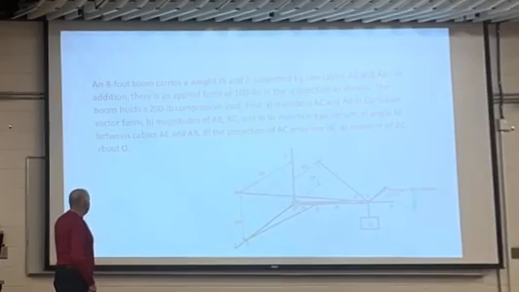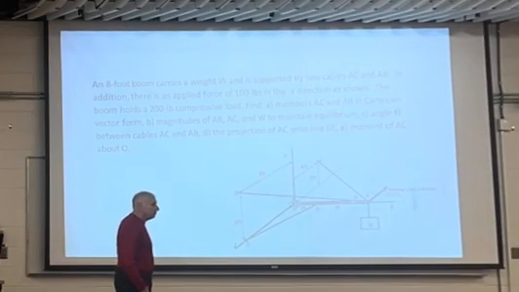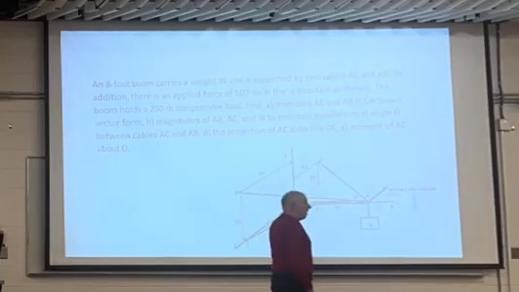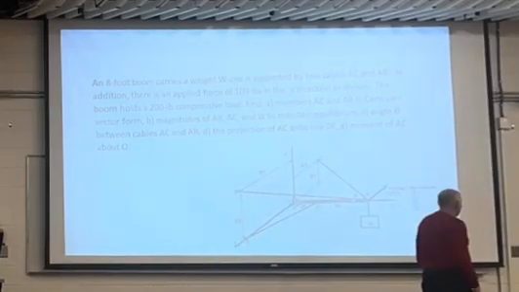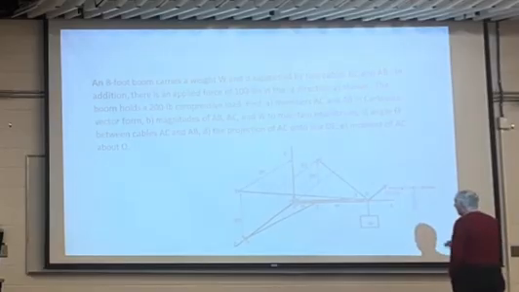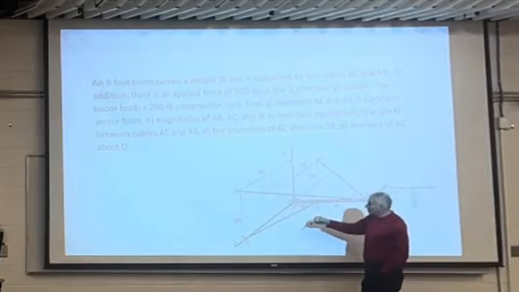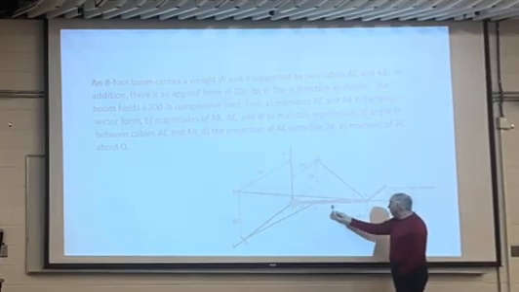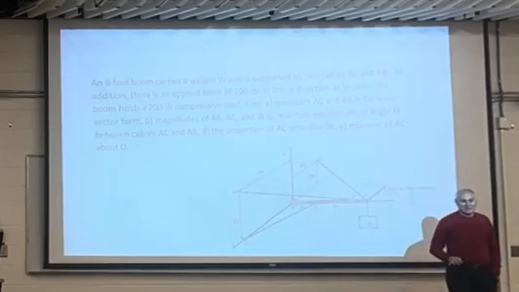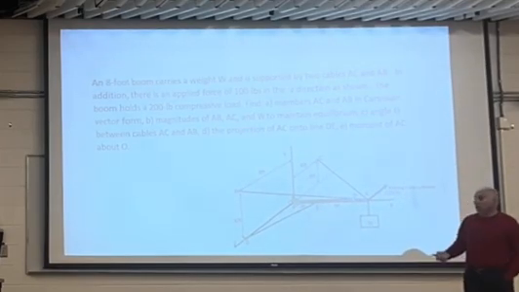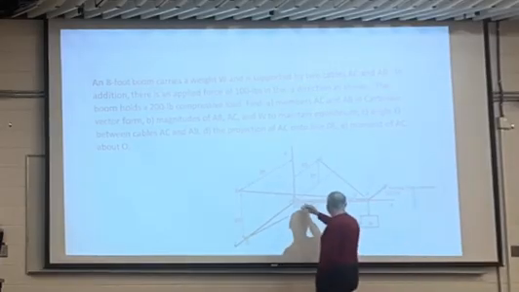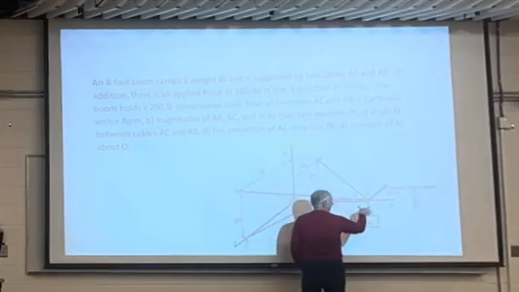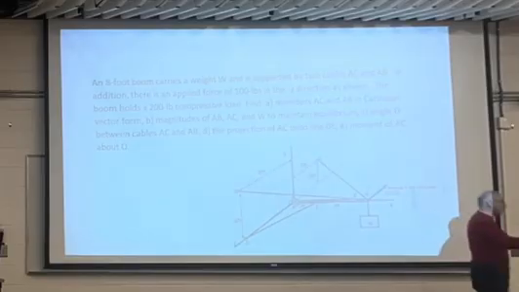Moment of AC about O. R cross F. What R? I'm taking AC. I have really 2 choices: go from O to C or from O to A. Which one would be easiest? O to A, because O to A is nothing more than 2 plus 6, 8i, which is 0j, 0k.